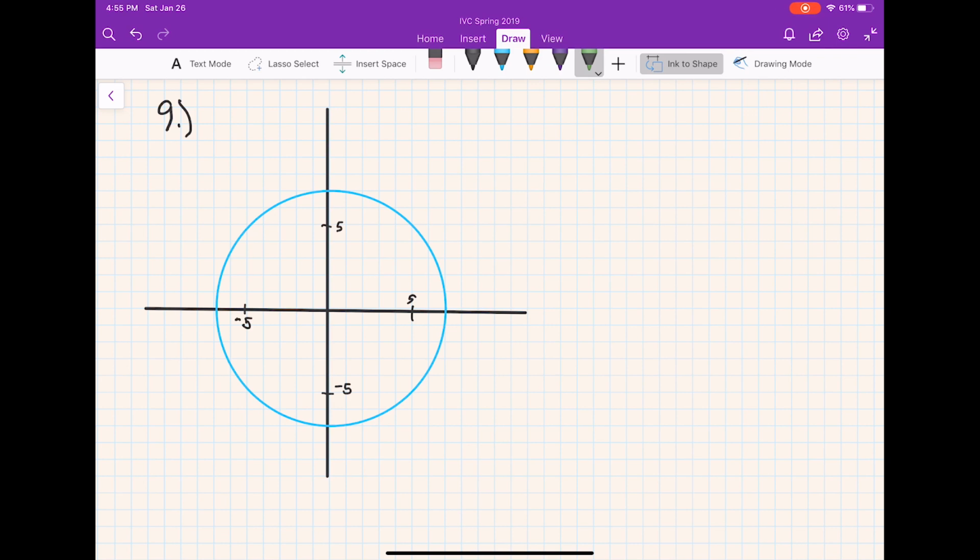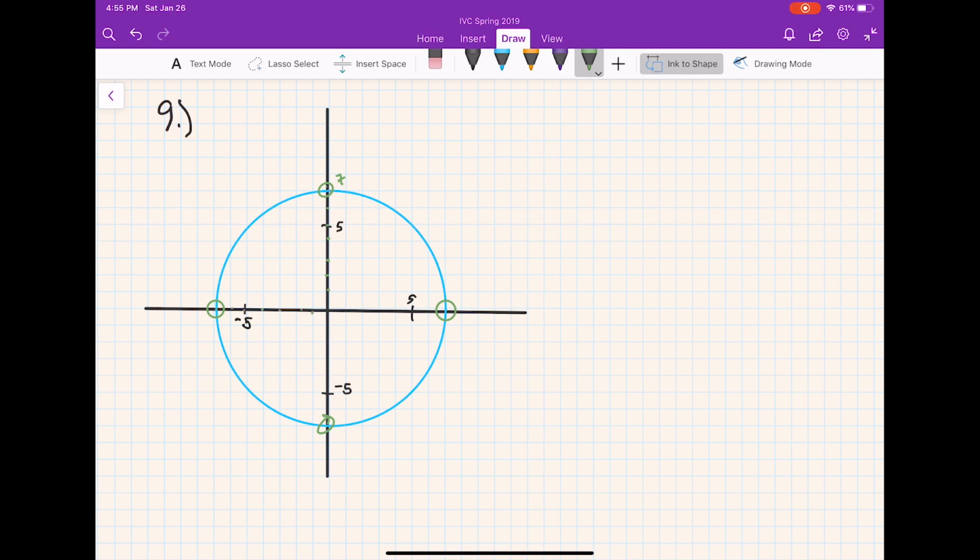This one, number 9, we're supposed to list the intercepts of the graph. Well, it's pretty easy to see where this is intercepting the graph. It's right here, these 4 places. We're not really given any coordinates or anything, so we're just supposed to go off the graph. This is 7 up.